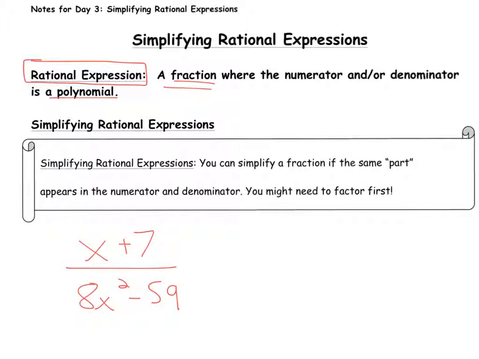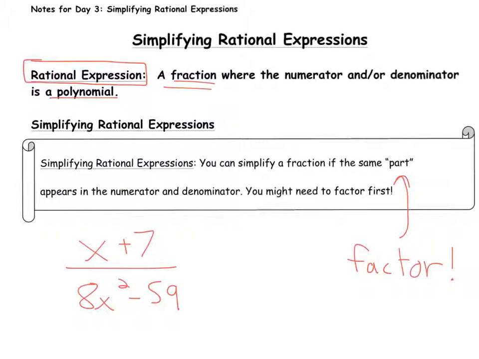What does it mean to simplify a rational expression? Simplifying a rational expression means if you find the same part in the numerator and denominator, you can get rid of them. I don't really like the word "part" here, so another way to think about it is a factor.